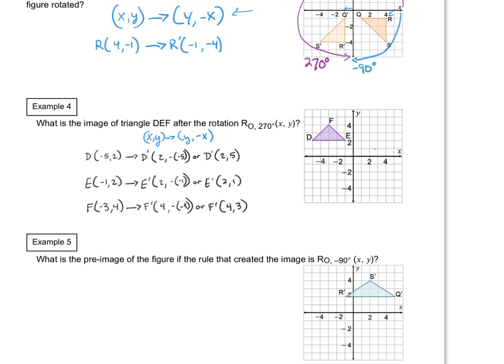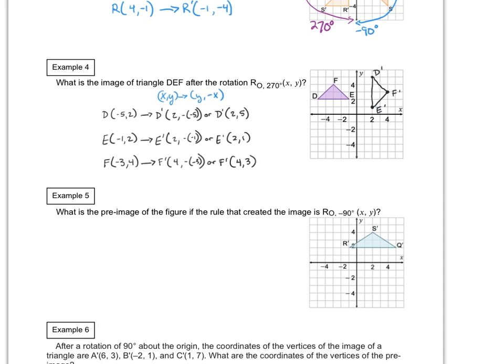So let's see here, (2, 5), (2, 1), and (4, 3). There you go. That's my new graph, my image, right? So this is F prime, this should be D prime, and this should be E prime.